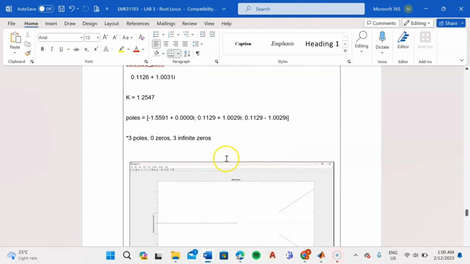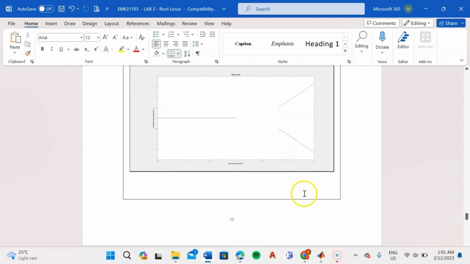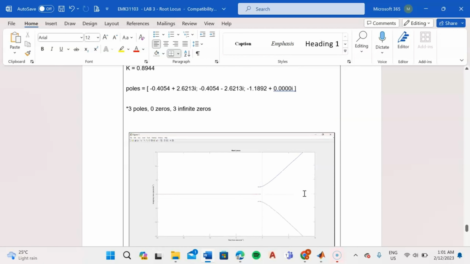Next, 3.2.3, this is the results, and I got 3 poles, which is line blue, green, and red, and then none zeros, 3 infinite zeros, which is blue line, green line, and red line. And for the final questions, this is the results, and I get 3 poles, which is in blue line, red line, and green line, none zeros, and 3 infinite zeros, which is blue line, red line, and green line.